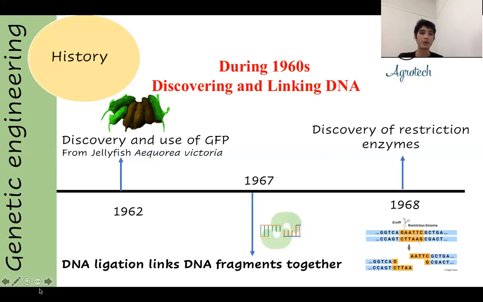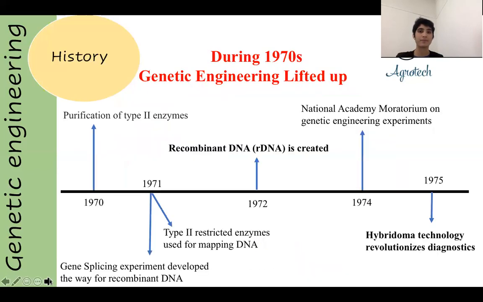So it was one of the wonderful eras of genetic engineering, where scientists identified that DNA can be cut and it can be linked together by using the ligase enzyme. During the 1970s, genetic engineering was lifted a bit beyond the 1960s.